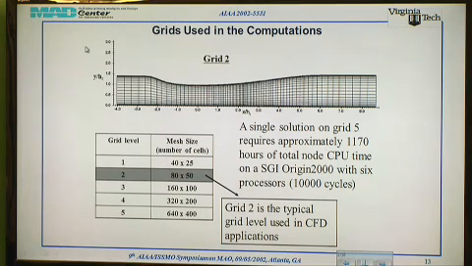And at that point, mesh number 5, a single solution takes 1170 hours if you used a single node. We were using 6 processors, so that reduces the calculation times to about 8 or 9 days. I'm sure that we can do better today, but that was then.